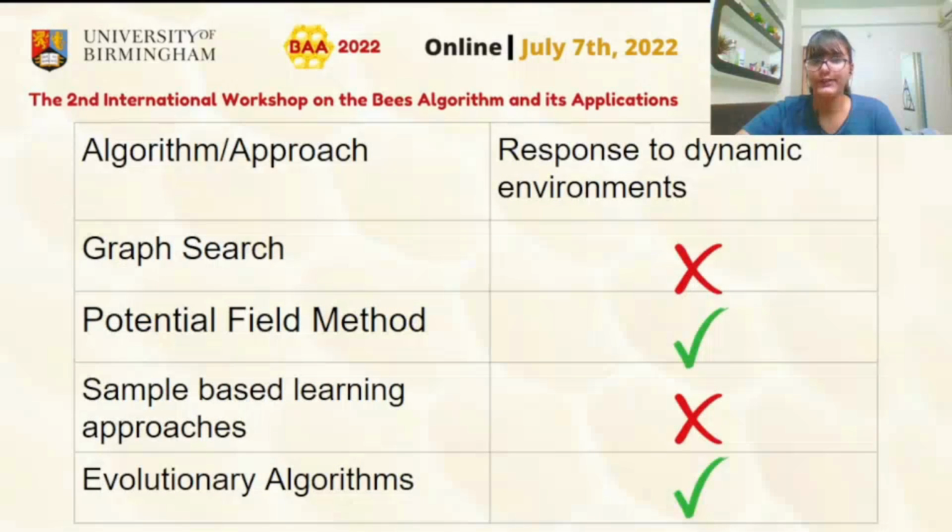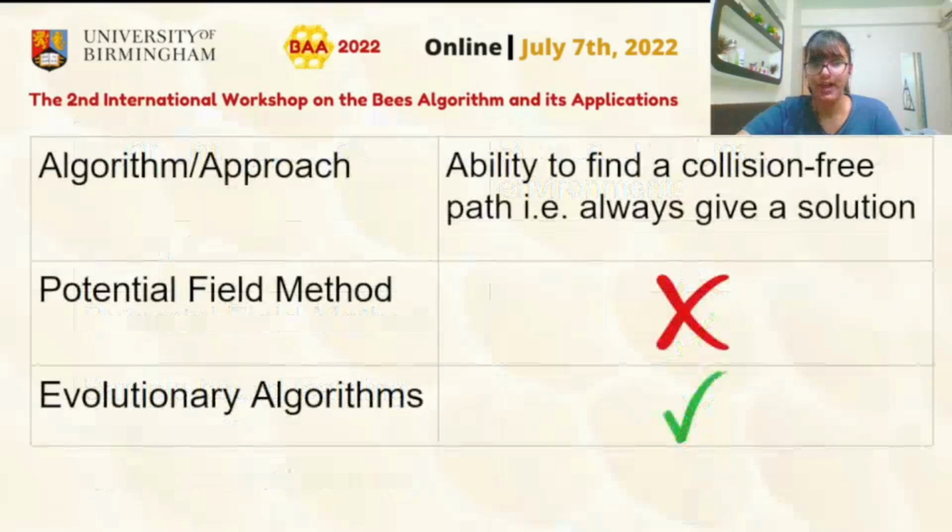So now the graph search algorithms and the sample-based planning approaches always require prior knowledge of the system, which is often not possible to obtain beforehand, thereby giving the other two sets of methods an edge over them based on the primary metric. Coming to the secondary metric, a major drawback of the potential field methods is its susceptibility to local minima.